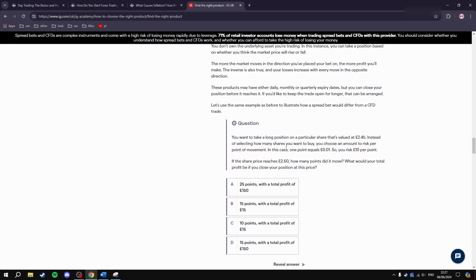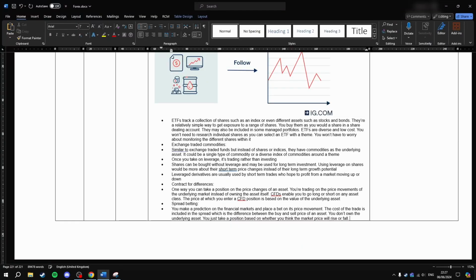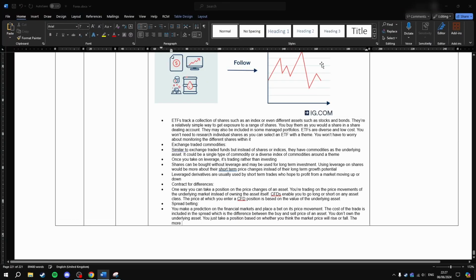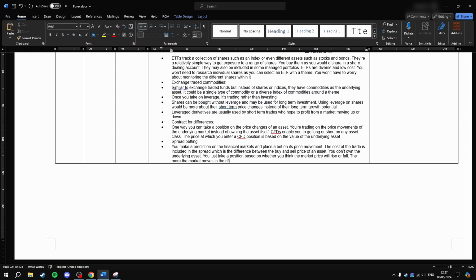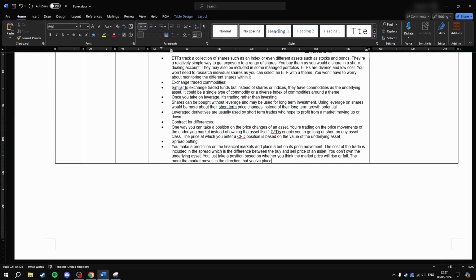The more the market moves in the direction you've placed your bet on, the more profit you'll make.